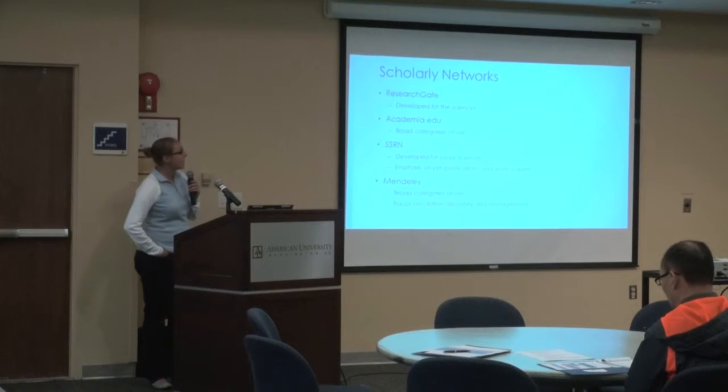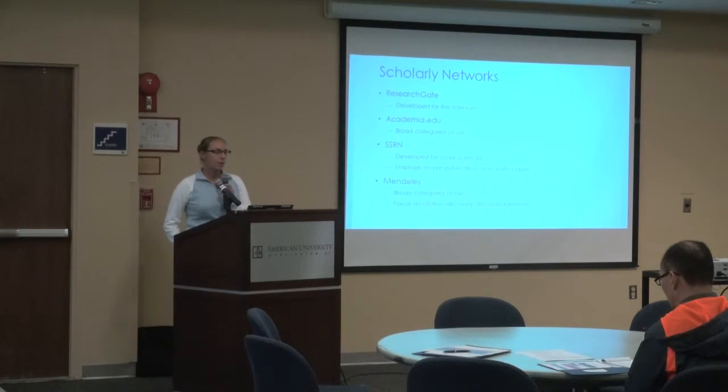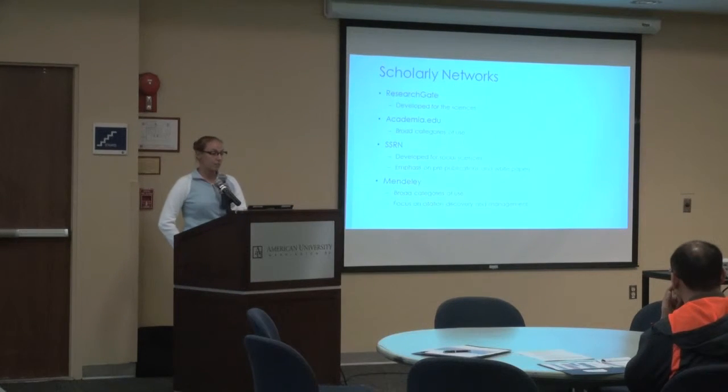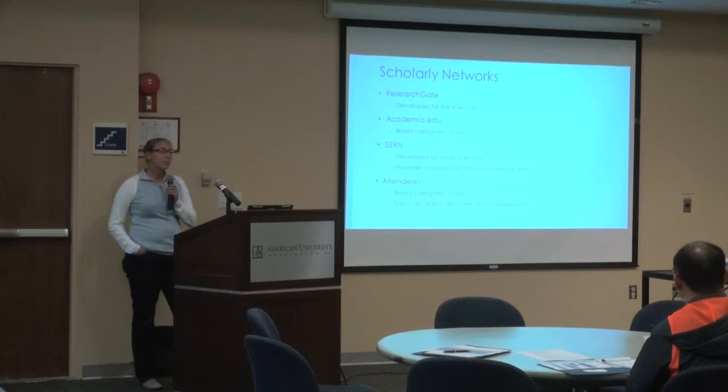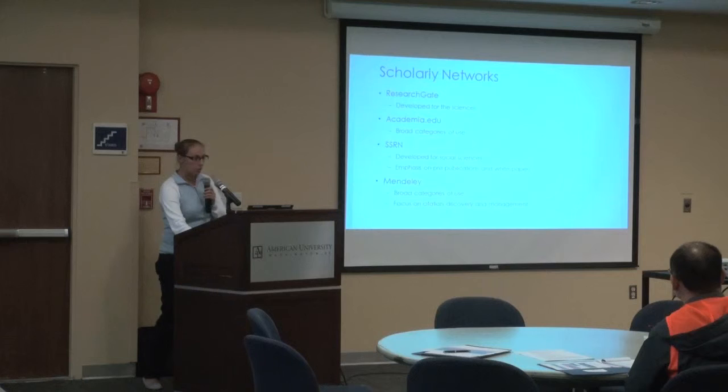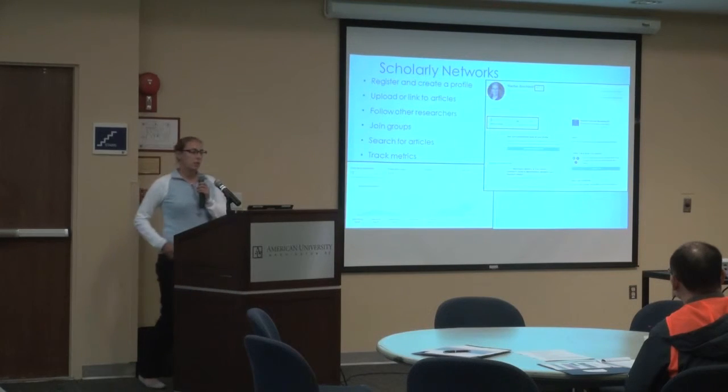These are 4 of the main ones that are in use. ResearchGate is a science-heavy network. Academia.edu has pretty broad coverage across the disciplines. But these are all designed for ways for scholars to find research, and they're all quite popular. And I'll show you in a bit my ResearchGate profile, because we can also use it to track our metrics.